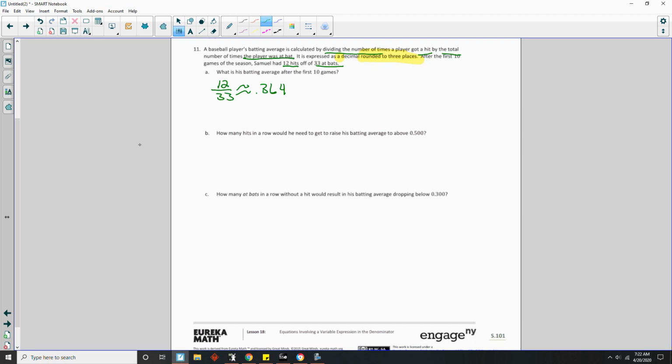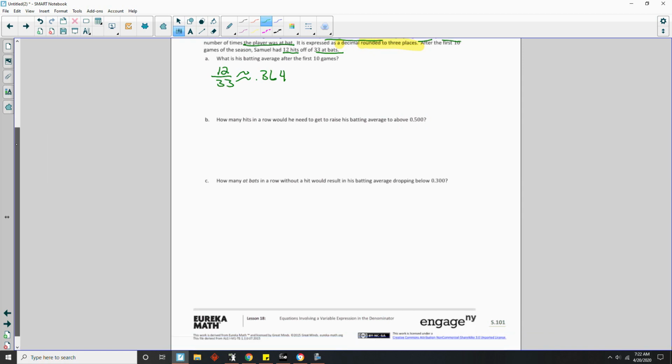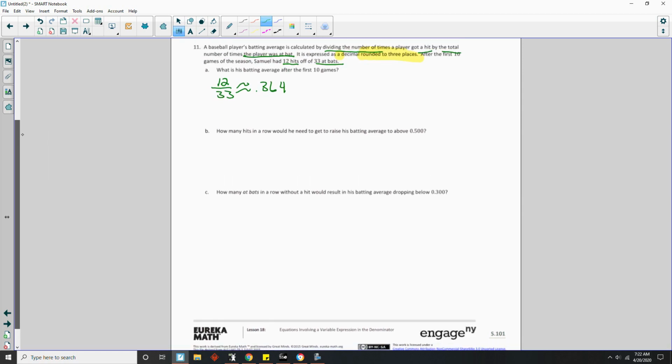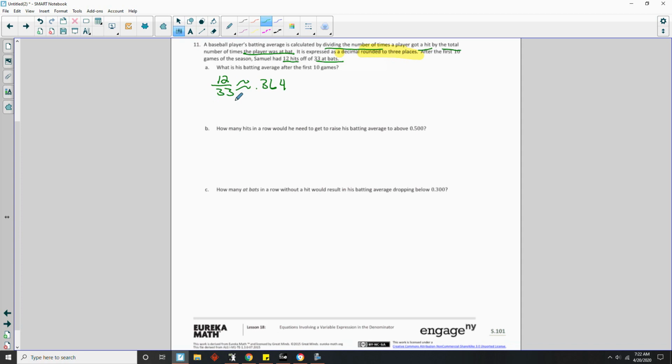Part B. How many hits in a row would he need to get to raise his batting average above 500? Okay, so what you want to do here, you could guess and check all day long by going 13 over 34, 14 out of 35, 15 out of 36, and so on. But this is algebra, so we're going to set up an algebraic equation, or inequality in this case.